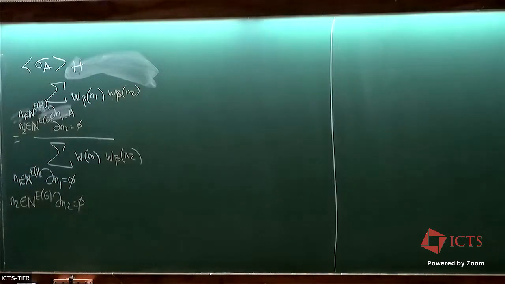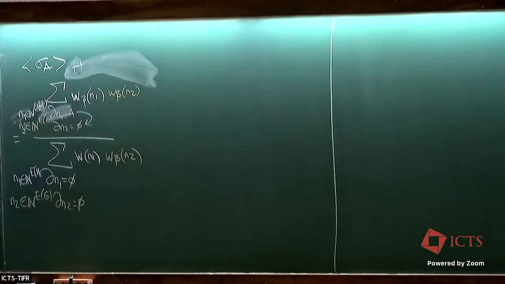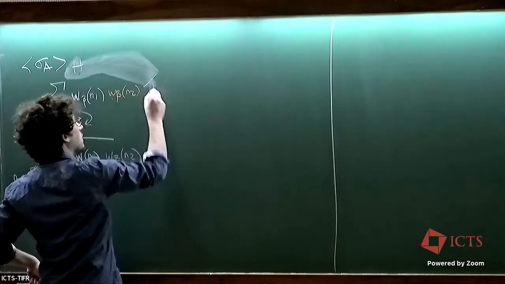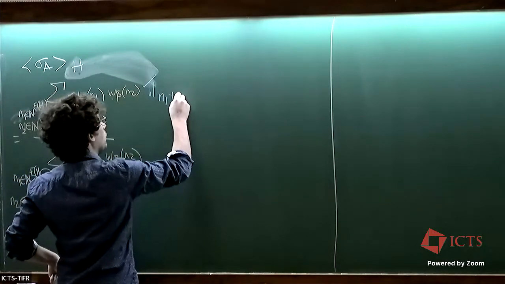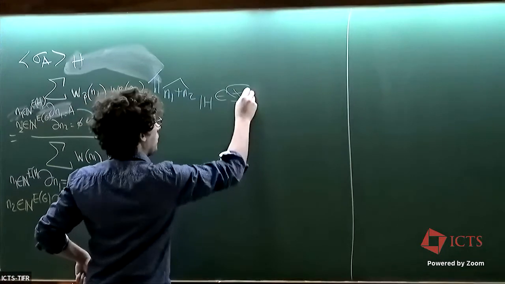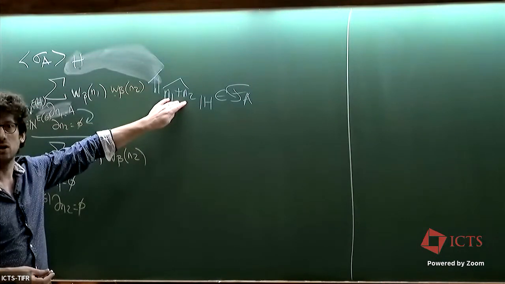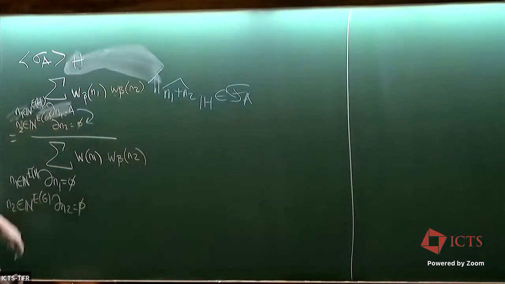And now what do I do? I just switch the sources from first current to second current, from the small graph to the big graph. I'm allowed to do that. The only thing I need to do is add an indicator that N1 plus N2 restricted to H belongs to F_A. But now that A is on the second thing, if I forget the indicator function, I exactly get what I want.